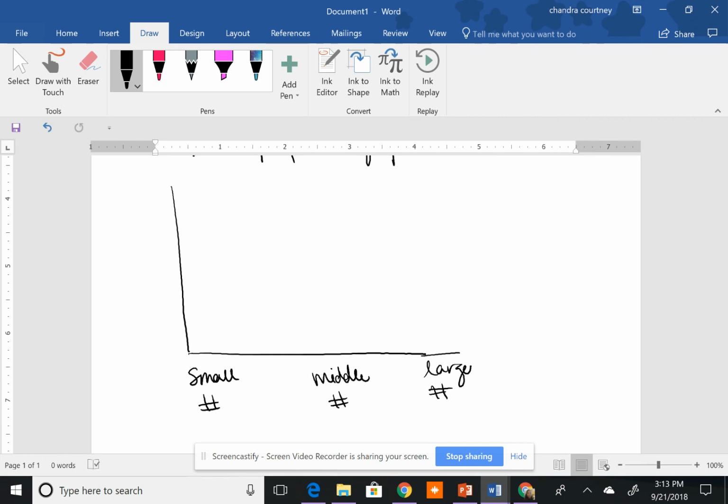Now the scenario and our distribution looks like this. It's a normal distribution, meaning that our extremes have the smallest frequency. So we have a few birds that have really small beaks, a few birds that have really large beaks, and nearly everybody is in the middle. The majority of your population has a medium-sized beak, if you will.